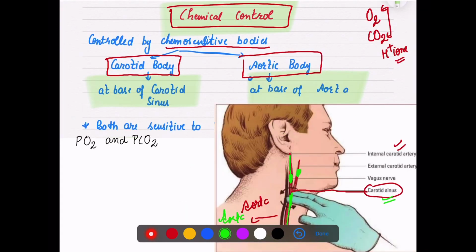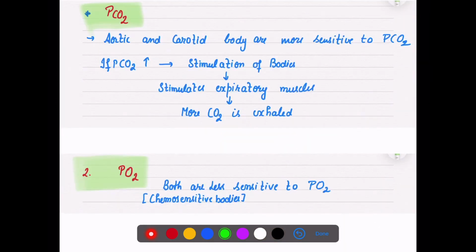Now both these bodies, carotid as well as aortic, are sensitive to the partial pressure of oxygen and CO2, but they are more sensitive to the partial pressure of carbon dioxide.